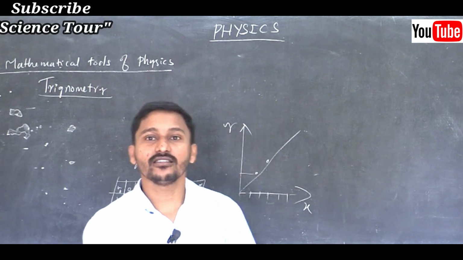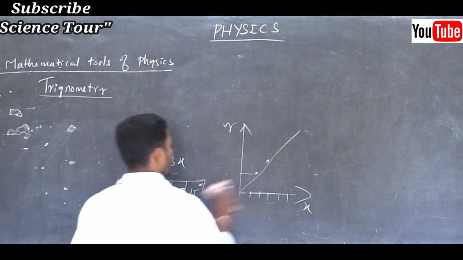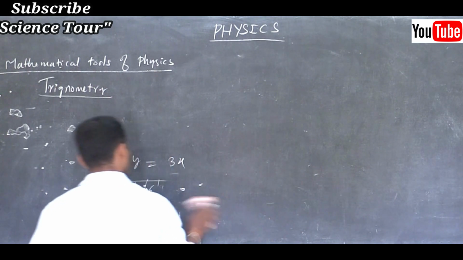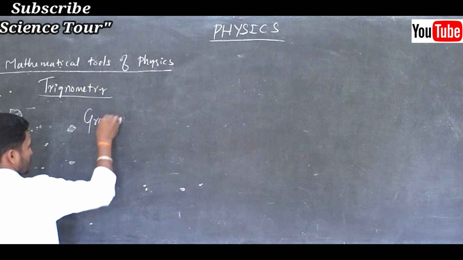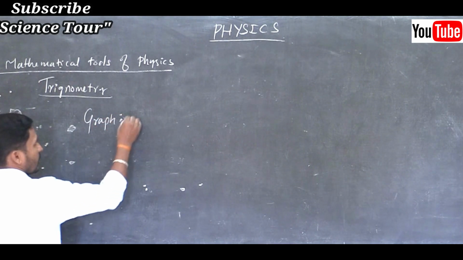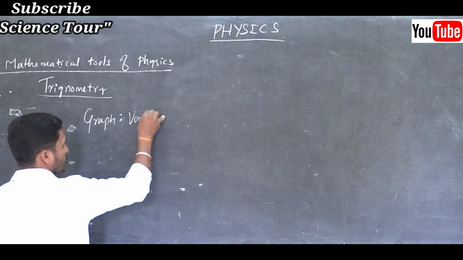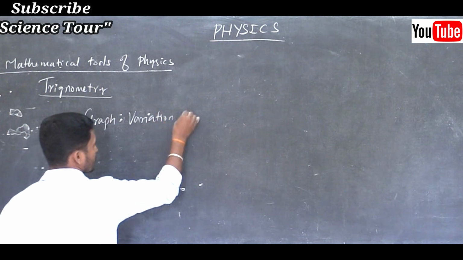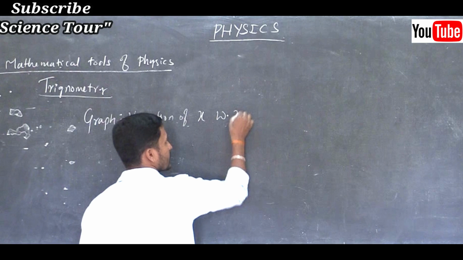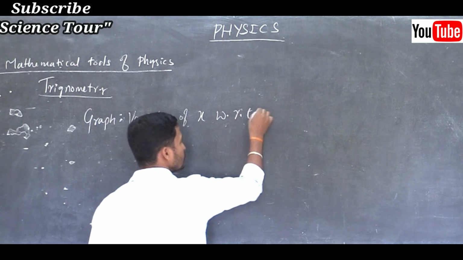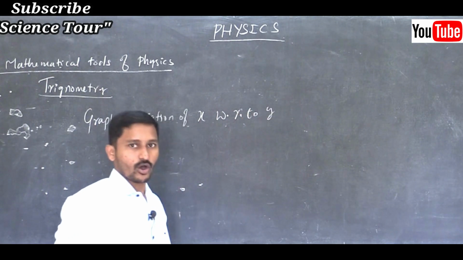That is the graph. So, the variation of the x axis with respect to the y axis, or vice versa.